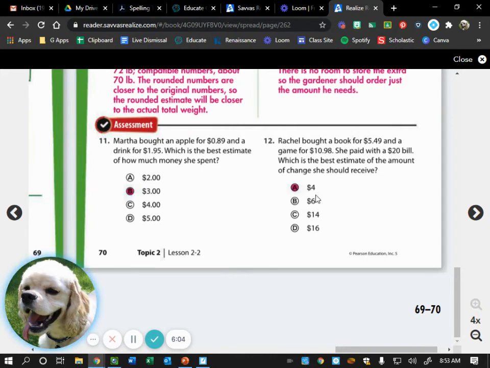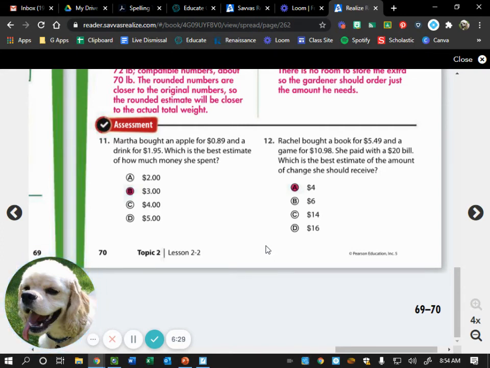So 20 minus 16 would get you 4. So A. If you did $10, that would be $10 plus 5, which would be 15, and 20 minus 15 would be 5, but 5 isn't an option here. Did anyone get a different answer for this one than A? Are there questions on number 12?